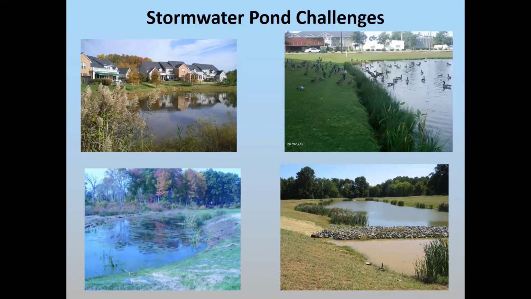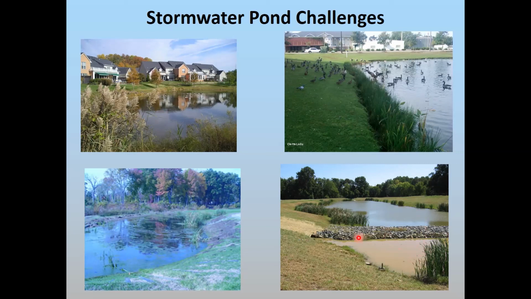And you get this thick organic matter building up, and it's constantly releasing nitrogen and phosphorus to feed the algae or other unwanted species. And then the bottom right here is showing a new development where they have a 2-stage stormwater pond.